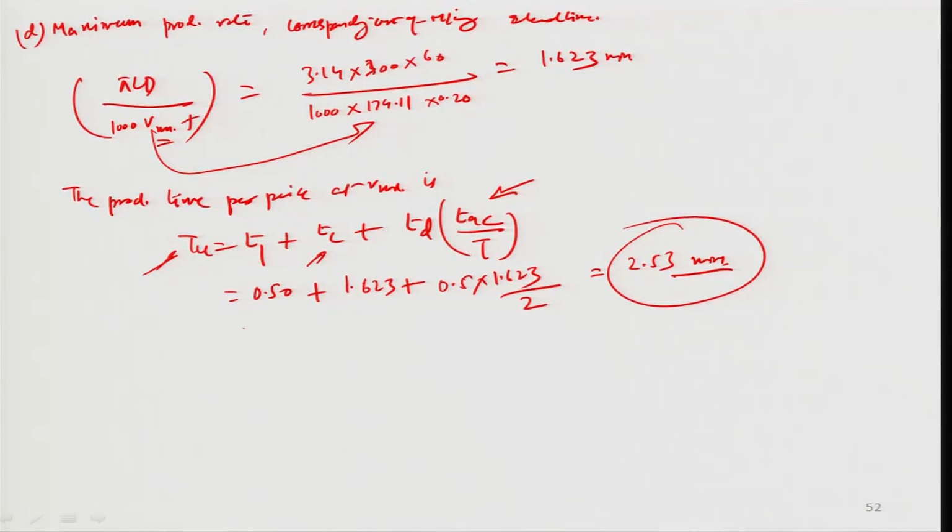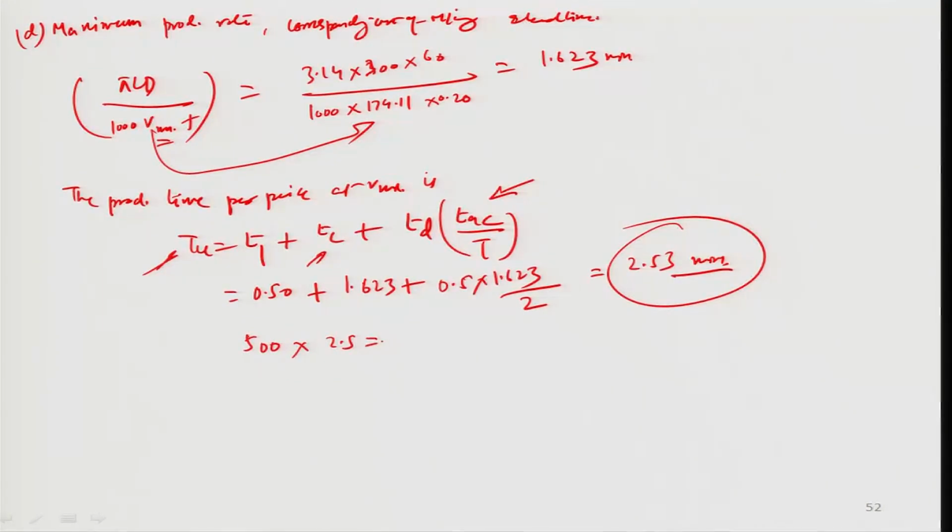And if I wanted to look at the lead time without considering the major setup time of the machinery, it is just the time per component times the number of components to be produced, that is 2.53 times 500, and this corresponds to about 1264.6 minutes.